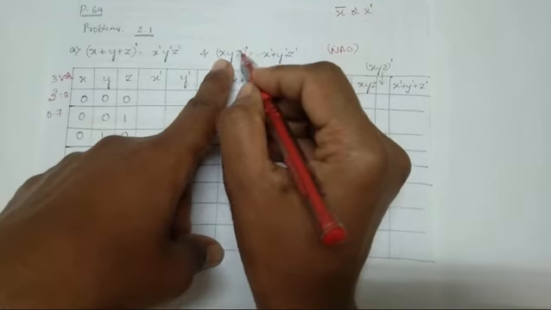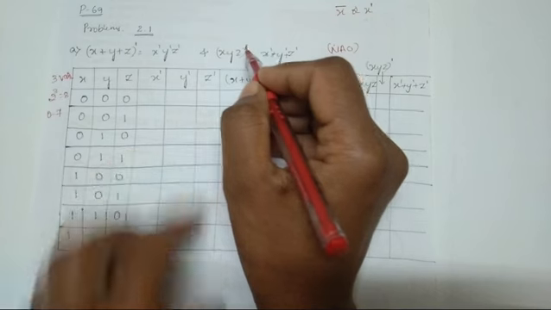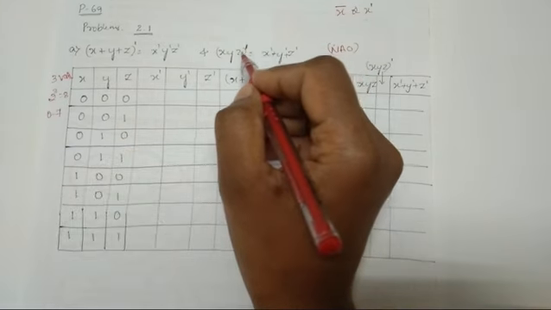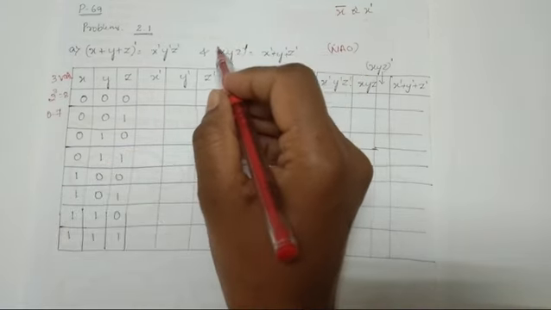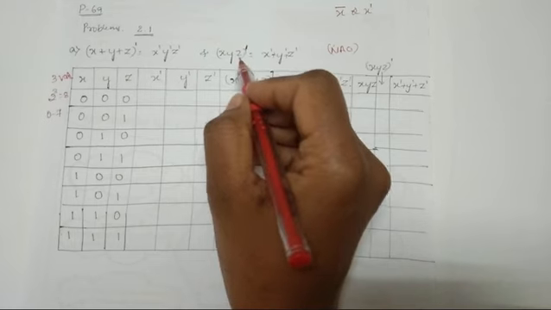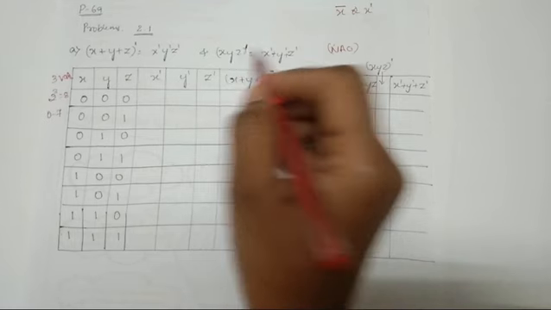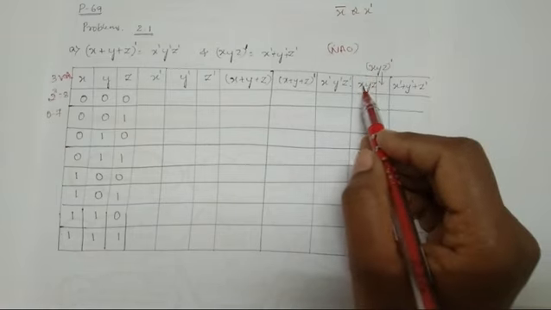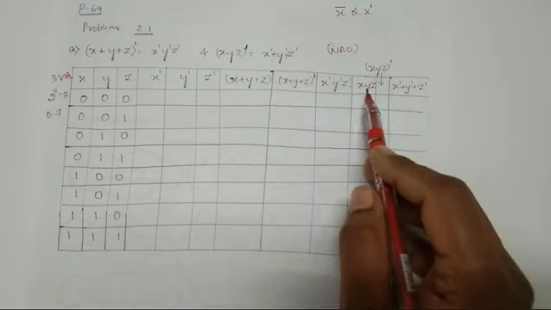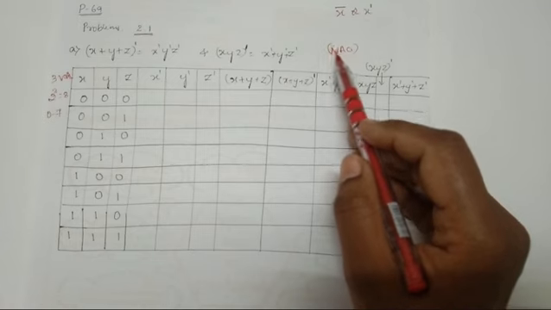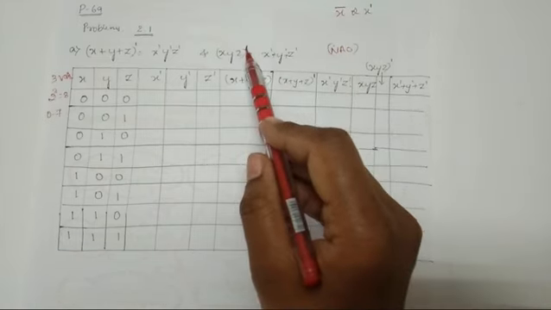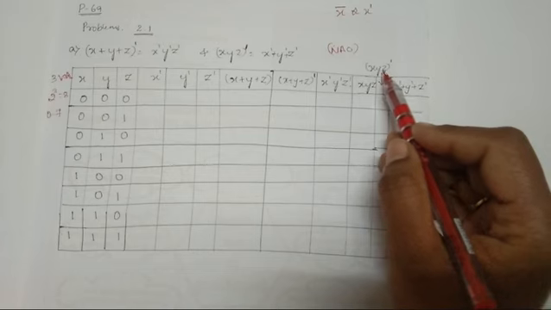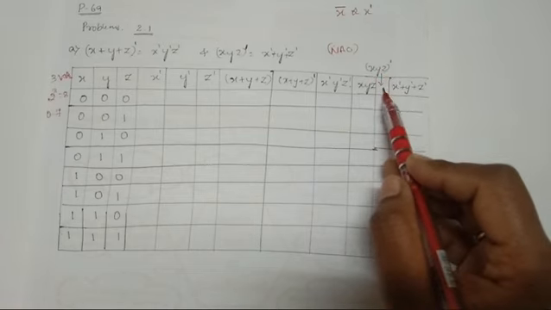This bar or dash is not only for x, it is for x y z. It is within the parenthesis, so x y z must be evaluated first. The next preference is for the NOT gate, so take a bar of it. Here I have written x y z whole bar.